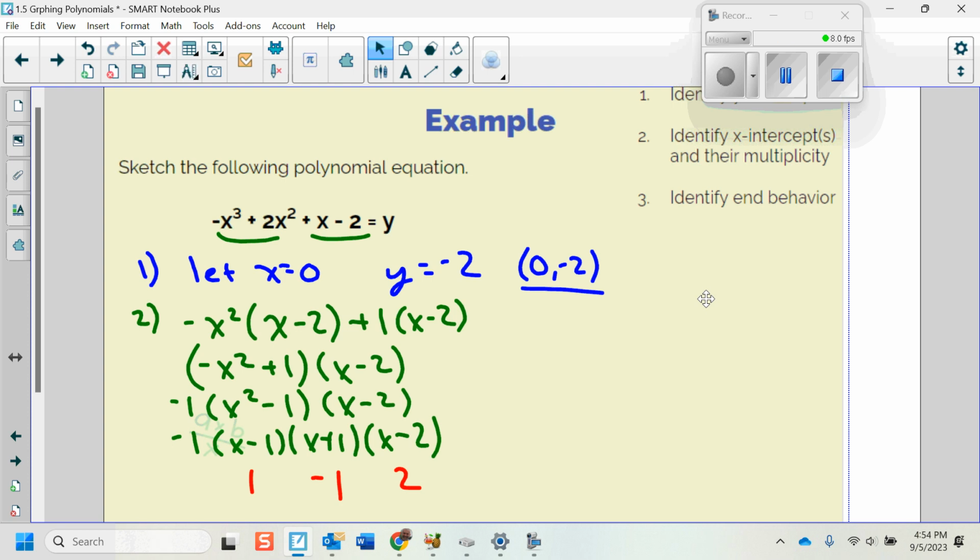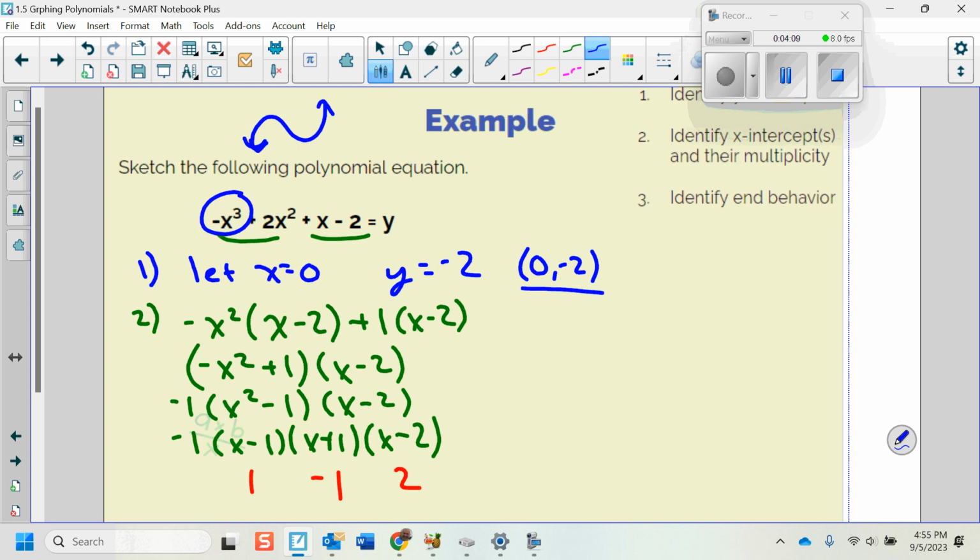Identify the end behavior. I have a 3rd degree, but if I look at a normal 3rd degree equation, it looks like this. But in this case, I have a negative out front, so it's going to flip it, giving the mirror. So I would expect it to go like that.